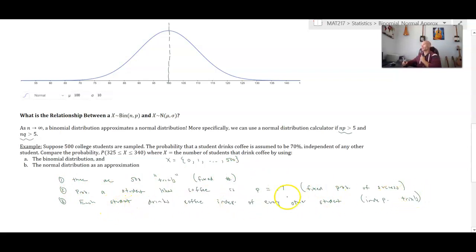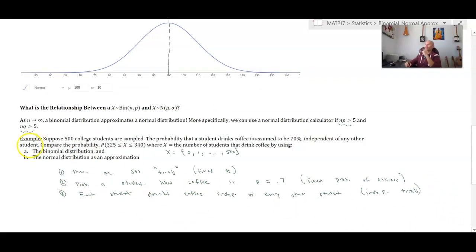In this case, there are 500 students, those are our trials, and what we're saying is that the likelihood that Joe drinks coffee is not going to be changed by knowing that Frank drinks coffee, for example. So we've met the criteria for using the binomial distribution.